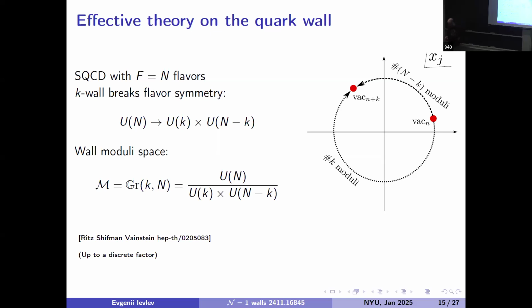So you can say, and this has been checked in various ways, that the effective theory on the domain wall in supersymmetric QCD is a Grassmannian sigma model.